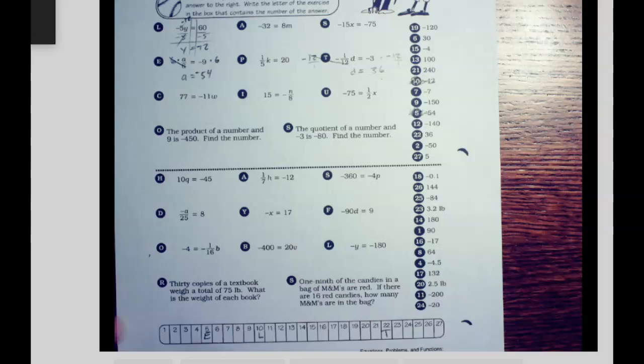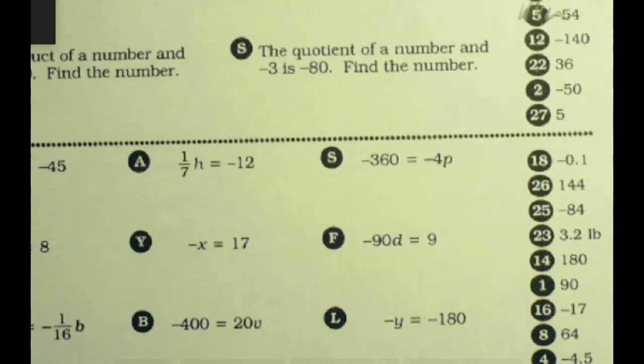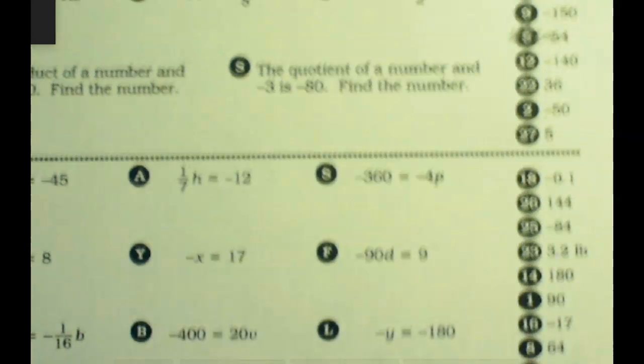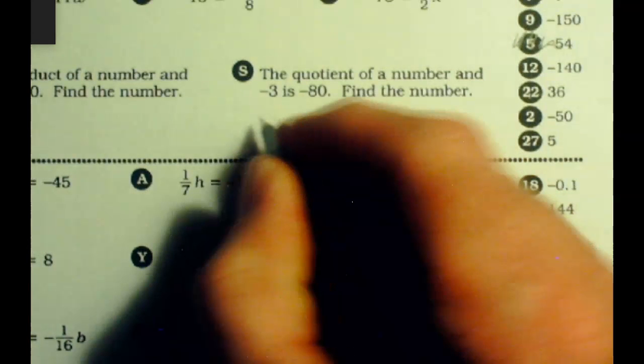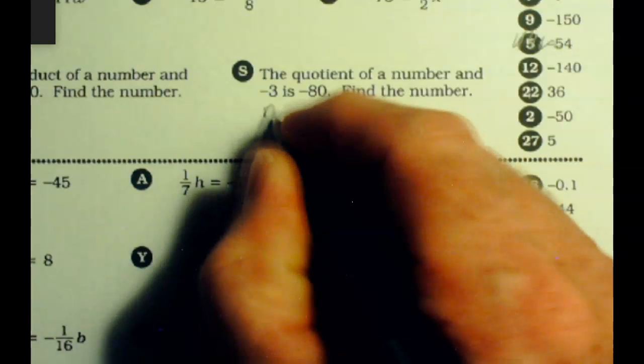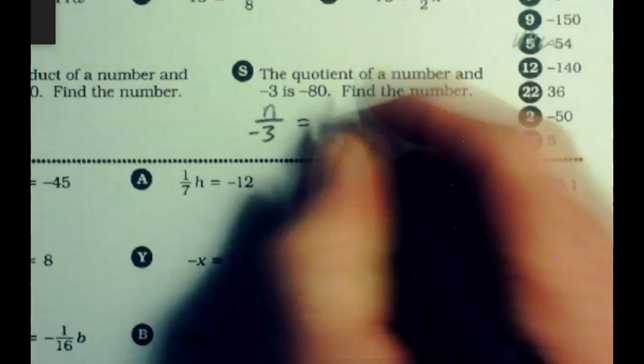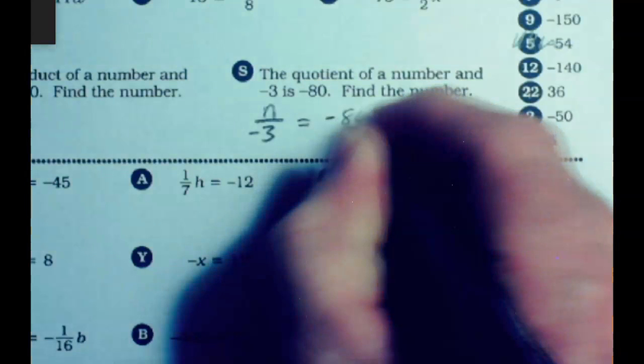You know, there are just a couple of word problems down here that you have to write your own equation for, and I'll do one of those with you. Let's do this one. Find the quotient of a number and -3 is 80. So quotient means division, so some number divided by -3 equals 80.